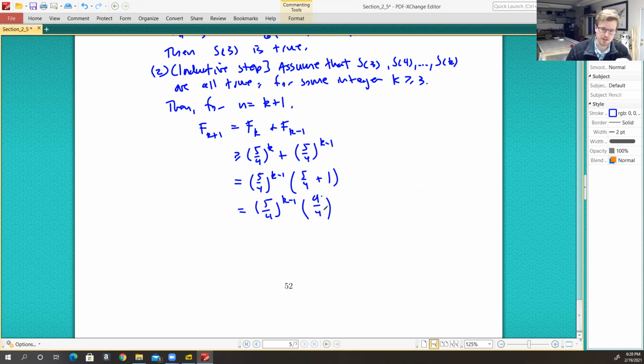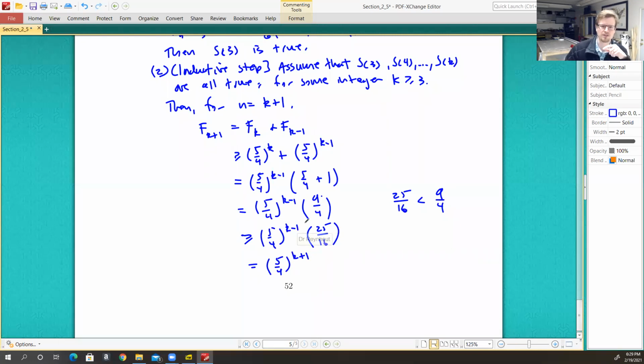I need 25/16 here. 25/16 is certainly smaller than 9/4. So if I replace this with something smaller, then my new thing is going to be smaller. My old thing was larger. So 5/4 to the k minus 1 times 25/16. But this is exactly 5/4 to the k plus 1, right? This is 5/4 squared, so I get two more factors.